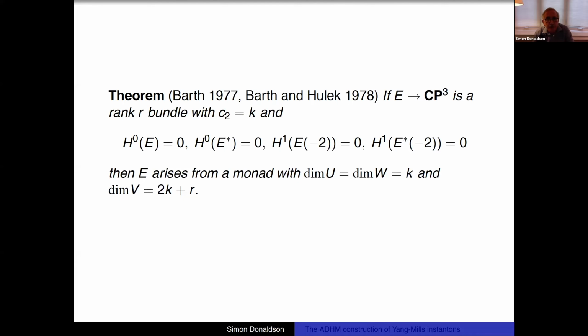But for those who are not so familiar with those things, let's just imagine that just like if we have a topological space, we have homology groups and cohomology groups where the H0 just detects the number of components, and then the higher cohomology groups detect more subtle phenomena. So recall that if we have a vector bundle, or say a sheaf of sections, then we can take the global sections, which are the H0s, and then we have higher cohomology groups in general, which detect some more subtle information.